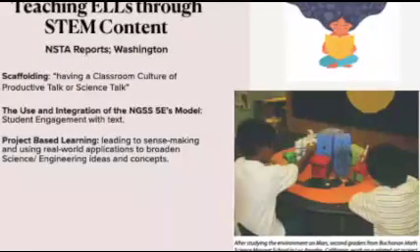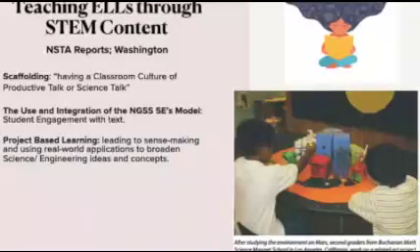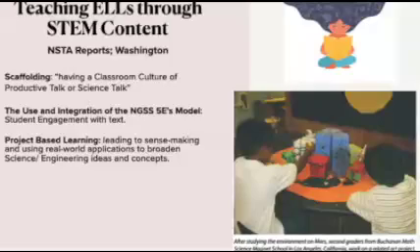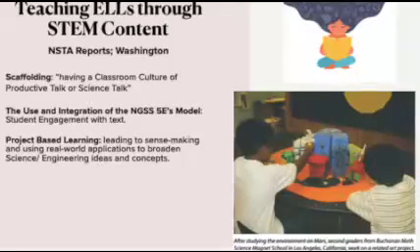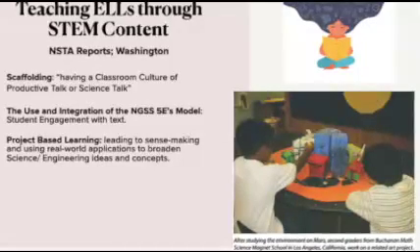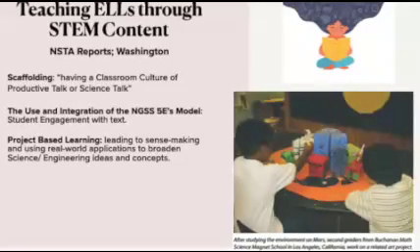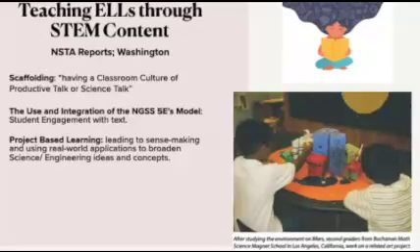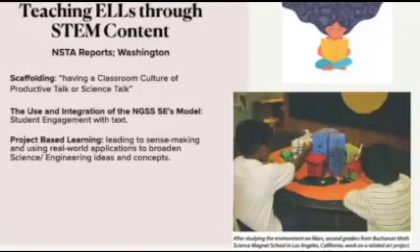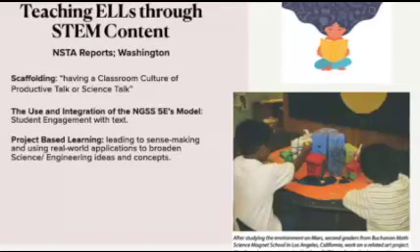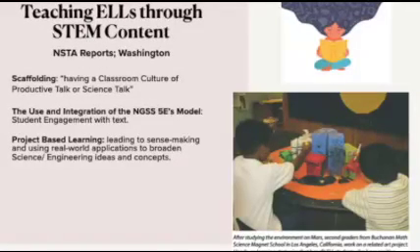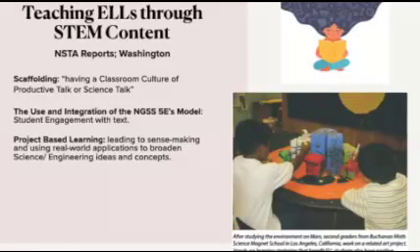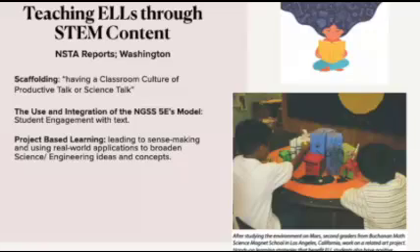Since these students are learning a new language and its use, it's important for us as teachers to introduce and discuss more real-world topics, especially in science. For example, a teacher can lead a discussion on climate change, and that will open up the conversation to other topics, and it amplifies the student's thinking.